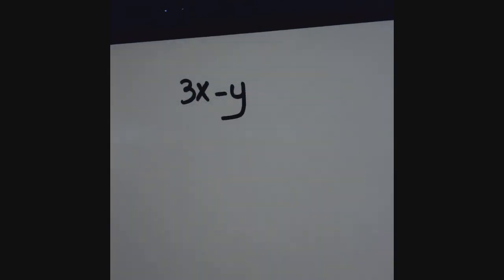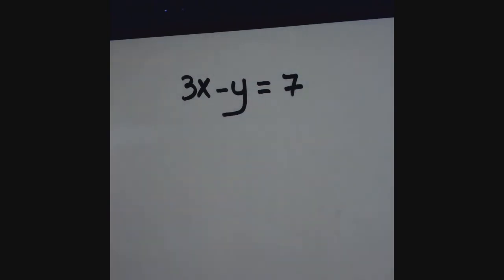Okay, they are going to give us a function, so I'm just going to go ahead and write the one down. 3x minus y equals 7. They gave us this function and they asked us which ordered pair is a solution.